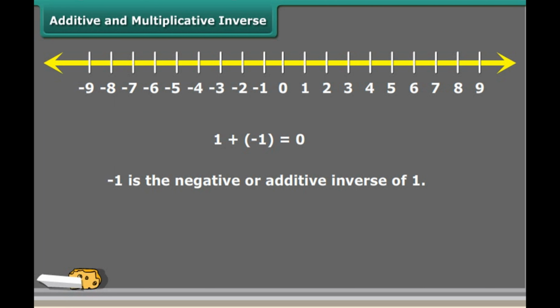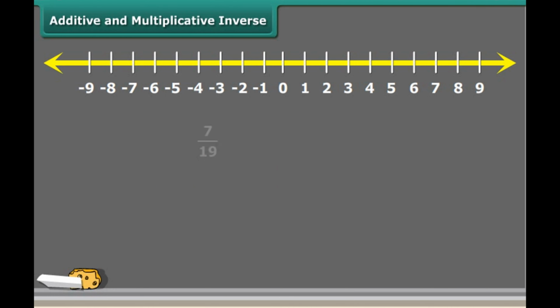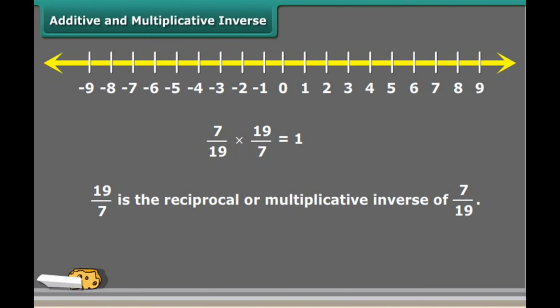Likewise, for any rational number, say 3 by 7, -3 by 7 will be its additive inverse. Just think, by which rational number would we multiply 7 by 19 to get the product of 1? Obviously, it's 19 by 7 so as to get the product 1. So we say that 19 by 7 is the reciprocal or multiplicative inverse of 7 by 19.